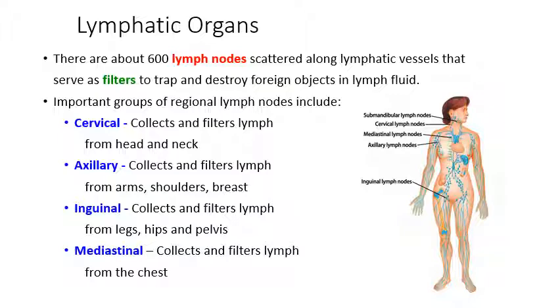You have a cluster of lymph nodes in your neck. Those are your cervical lymph nodes. A cluster under your arm, those are the axillary ones. A cluster in the hip and thigh, and those are your inguinal lymph nodes. And then a cluster in the chest that are your mediastinal lymph nodes. Those are the four major clusters of lymph nodes in your body.